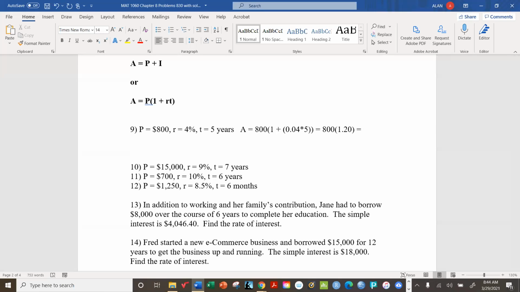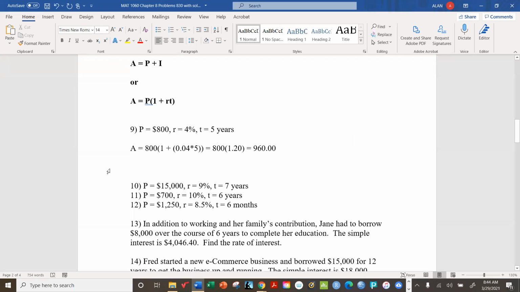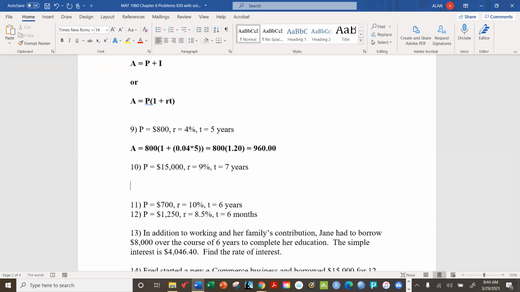So rather than trying to do this with parentheses, you can simplify it, and then the product here is quite simple. It's $960. So, you can decide what to do, but I think your best bet is always to simplify before you put anything into your calculator. It just reduces the risk of mistakes, especially when there's a lot of parentheses involved.